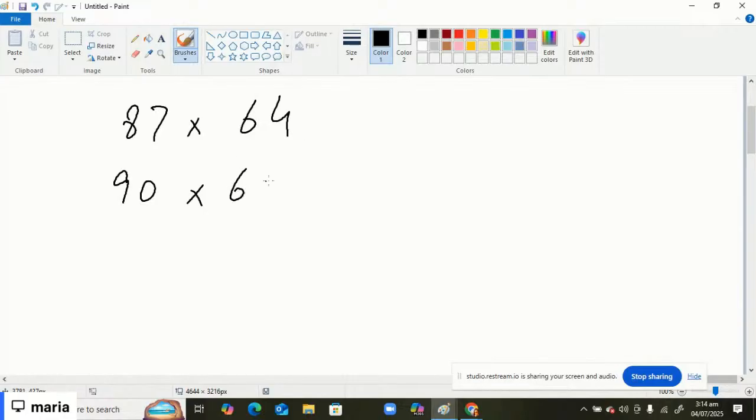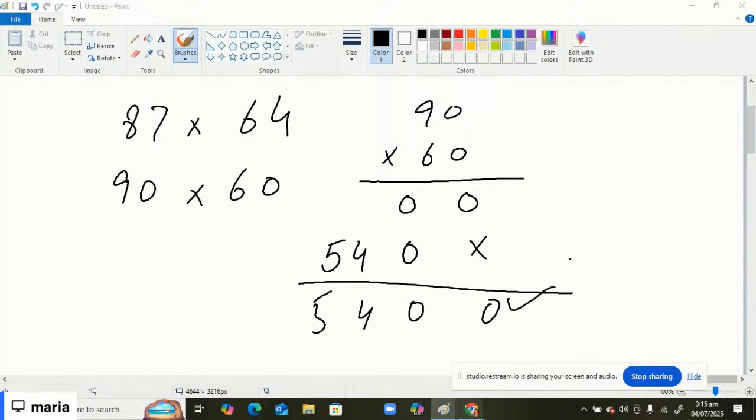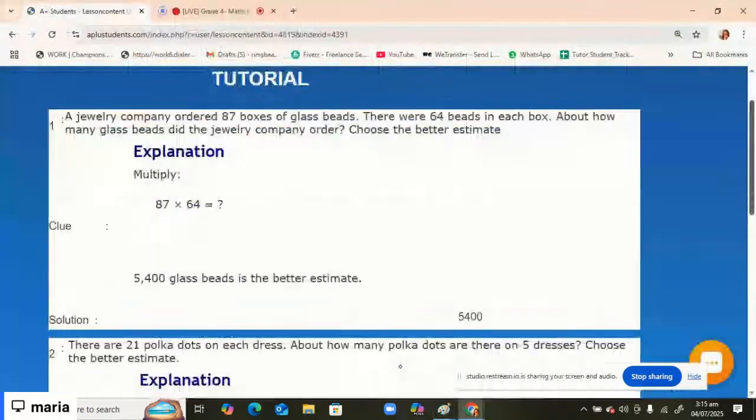So 6 stays as it is and this should be 0. Now multiply 90 with 60. Okay, 0 and then 0. Now for 6, 9 times 6 is 54. 0, 0, 4 and 5. Now it's 5400, and that is our answer. This is the better estimate.